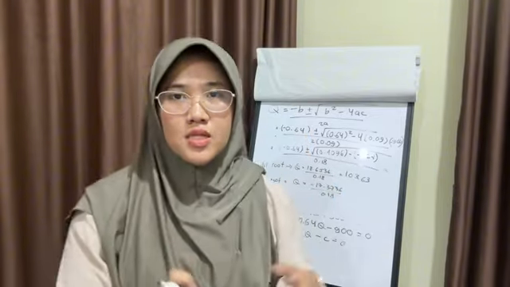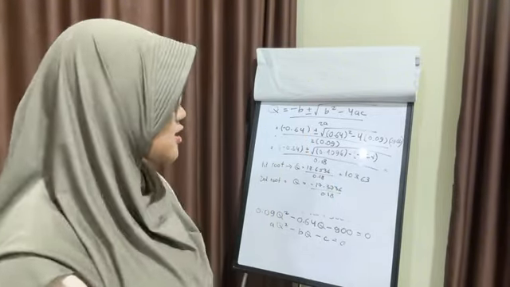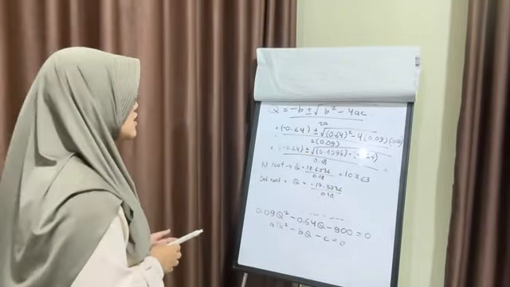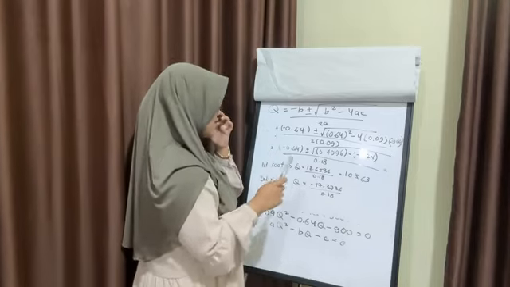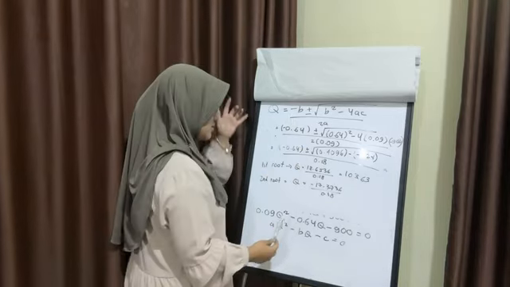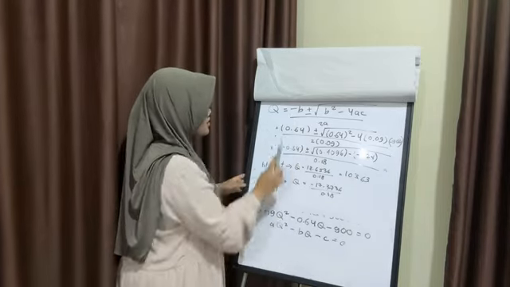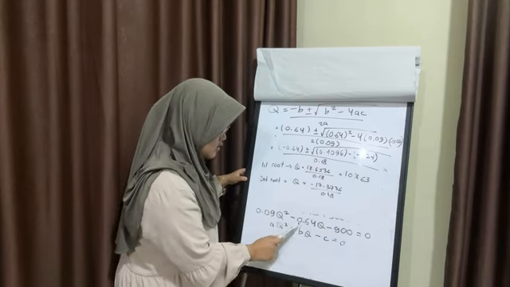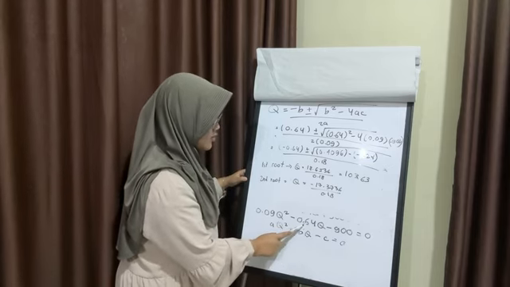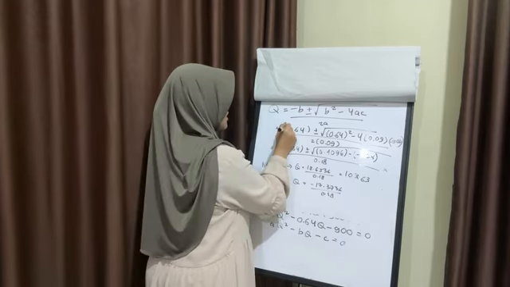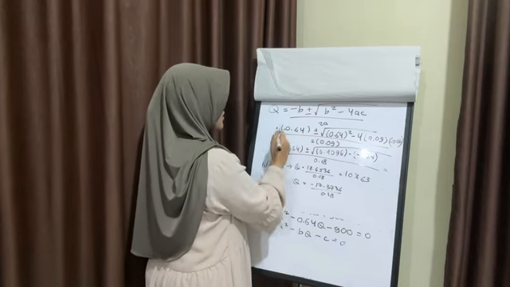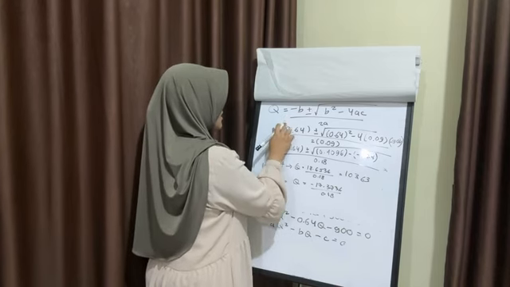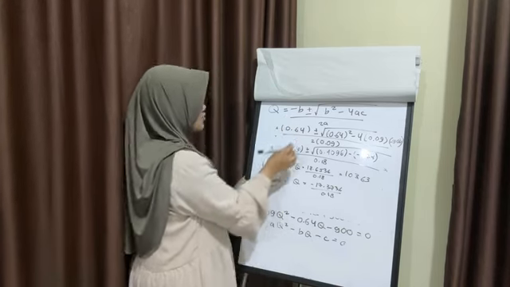Okay, because the equation is going to be complex, I did it with a calculator. Right here, you can see by yourself that minus b is minus minus 0.64. So we're going to substitute it here. When it's minus minus, it's going to be plus, so you don't have to write anything here. So it becomes 0.64 only.